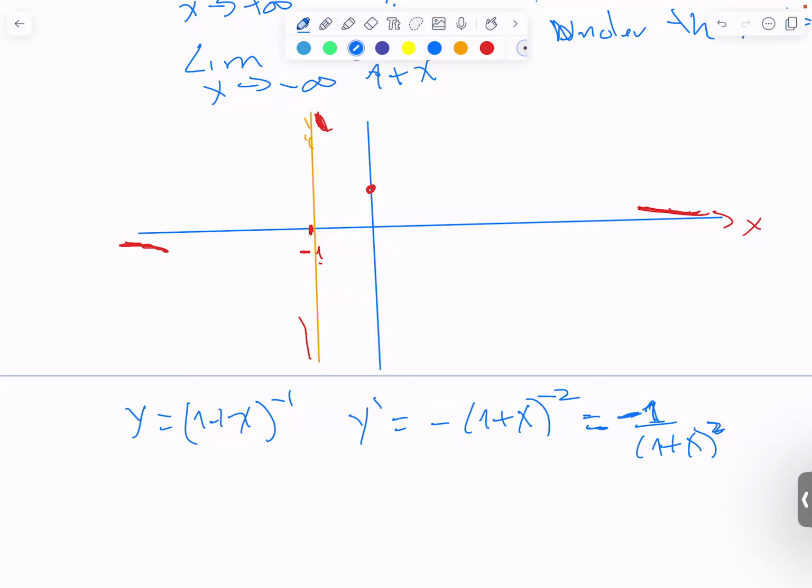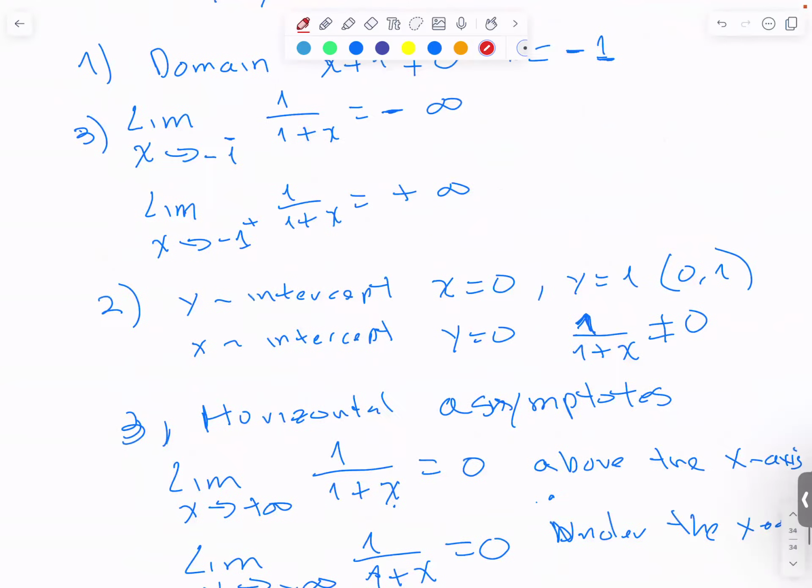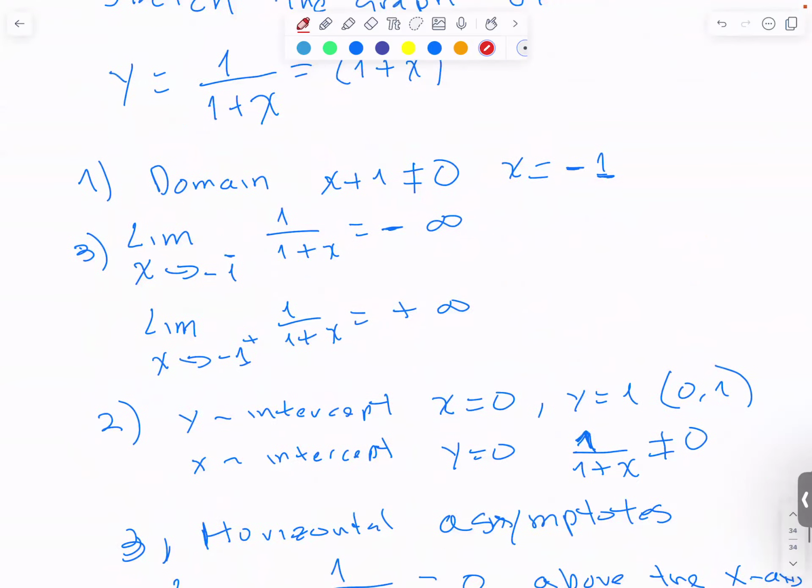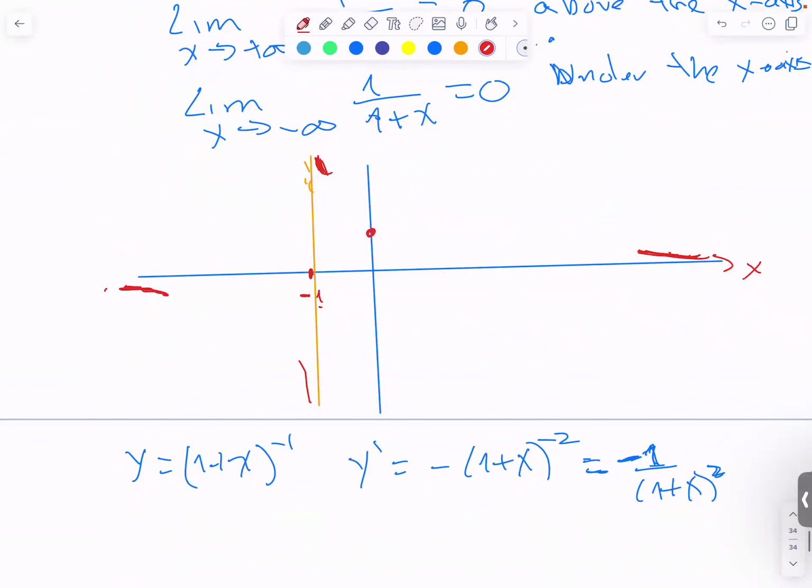If the function is decreasing all the time, probably the function is decreasing from negative infinity. We forgot the domain here. No, the domain is all numbers except -1. Okay, now the function is decreasing in all its domain. Decreasing here, decreasing all the time.